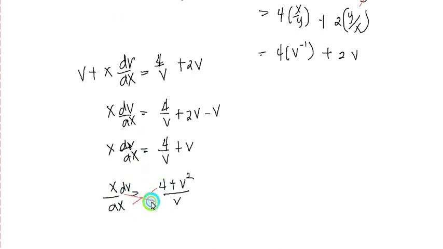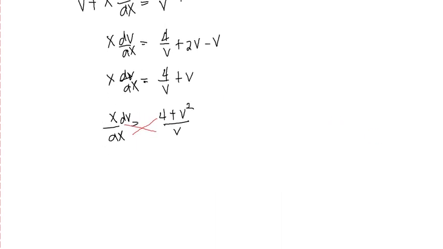Okay? So we will have the final equation which is equal to v dv all over 4 plus v squared is equal to dx all over x. Okay? So check na to.